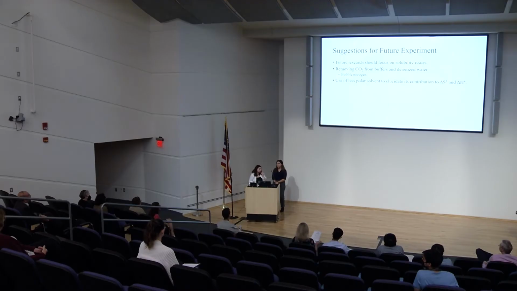Again, this is not what it should be. We're not able to spot exactly in which step the problem was, but we do suspect that it was because of the solubility issue.